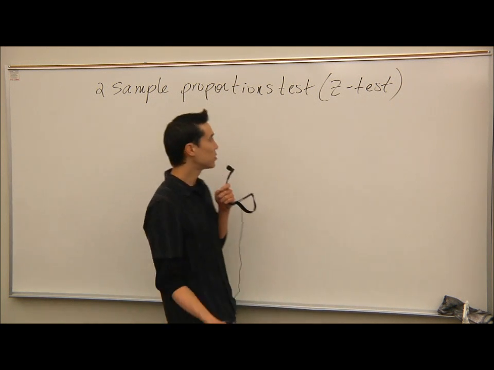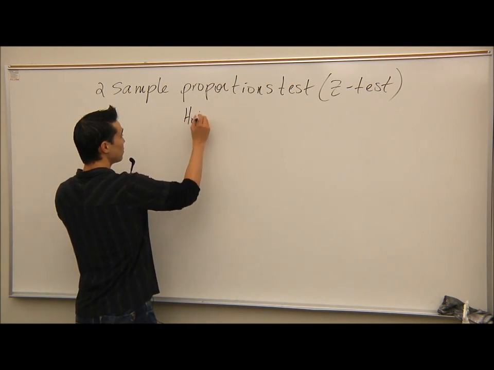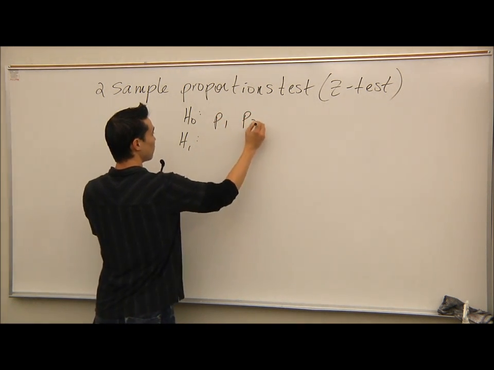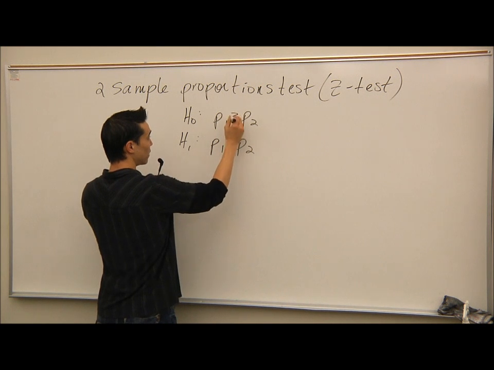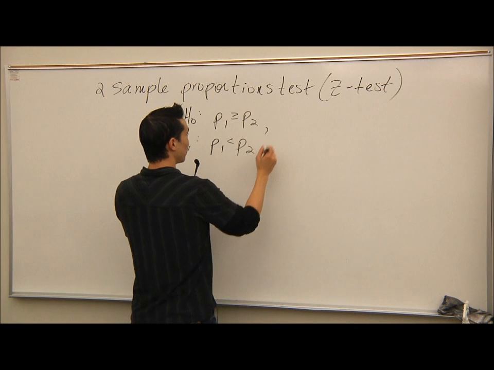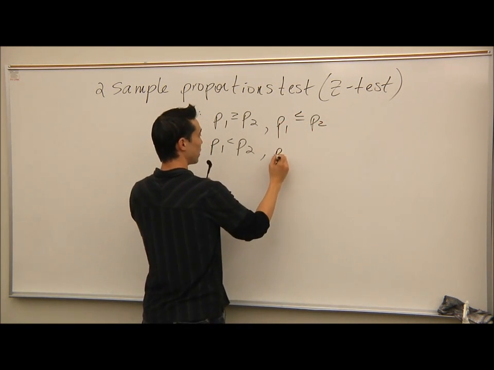So, just as a reminder, your H0 and H1 with the two sample proportions test are going to be P1 and P2. Okay, and then of course you could have greater than or equal to, which would go with a less than. And you could have less than or equal to, which would go with a greater than.